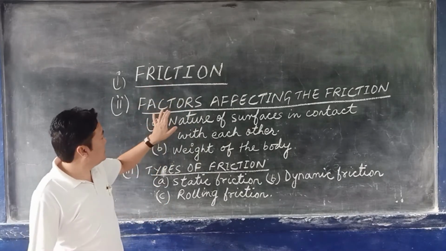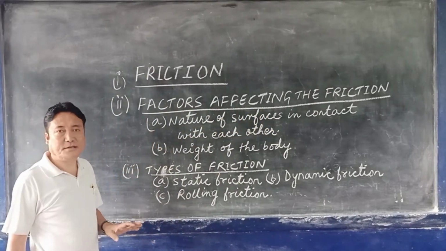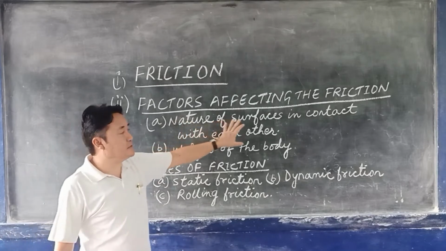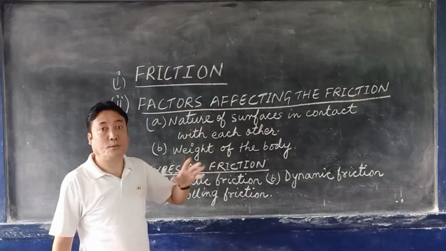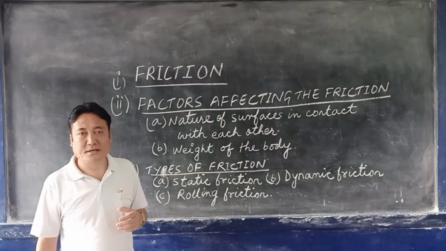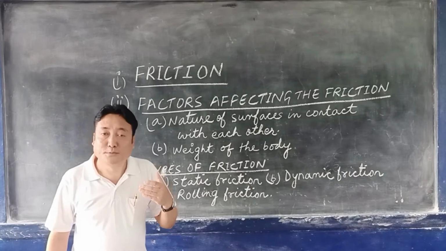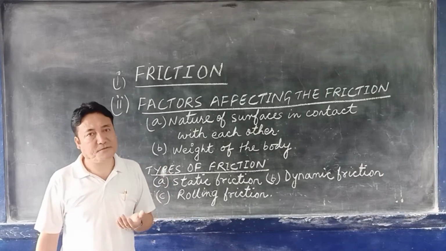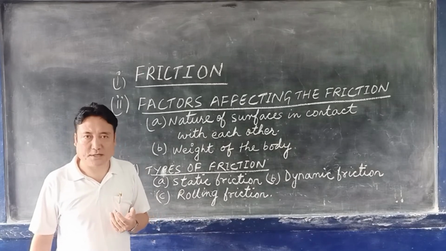The second topic is the factors affecting friction. There are two factors here. One is the nature of the surfaces in contact with each other. The surface can be of two types: a smooth surface and a rough surface. Rough surface means the surface is irregular.